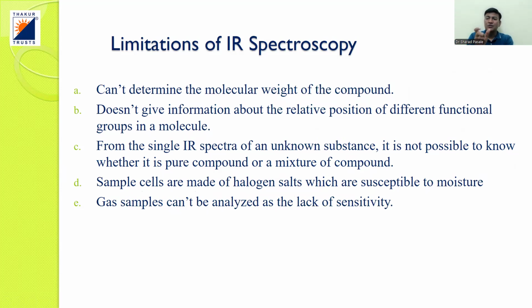No need to use sample cells. So there is no interference of moisture in IR spectroscopy. That is called the IR spectrophotometer. It has a lot of cost, but it gives very nice results, right? And the very important limitation is we cannot analyze gas samples in IR spectroscopy, due to the lack of sensitivity. This is very important.